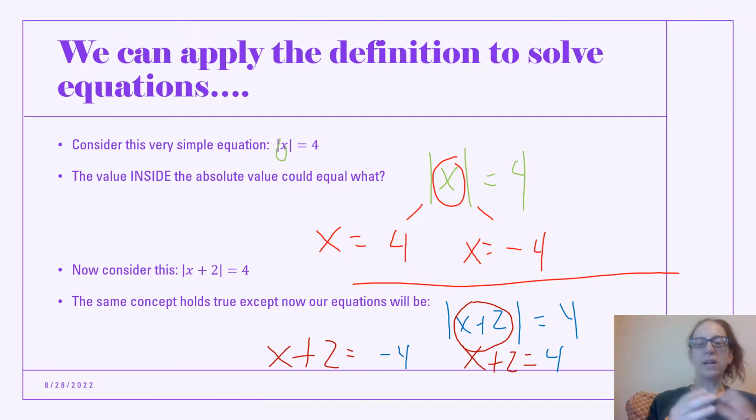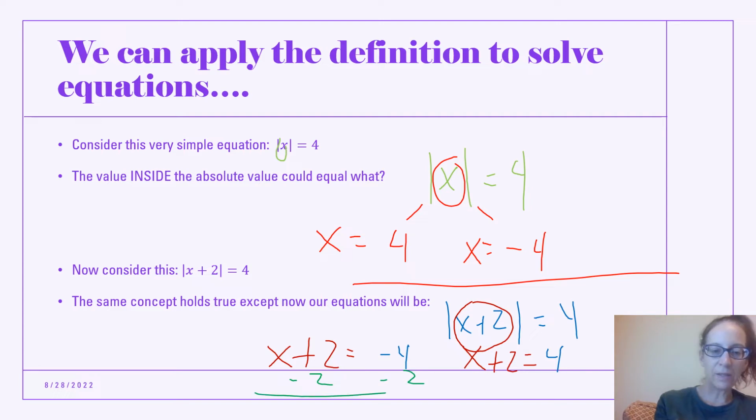What we've got there is something inside the absolute value, and the absolute value of that thing is equal to 4, which means that thing could be equal to negative 4 or 4. And then what we can do now is just solve each of these equations by subtracting 2. And so x could be equal to -6, or x could be equal to 2.